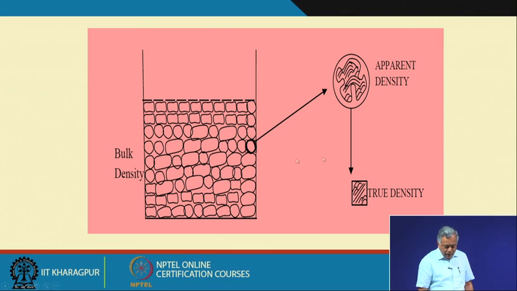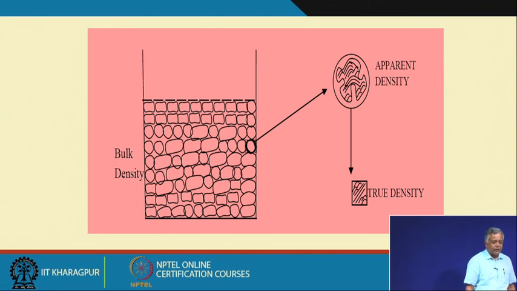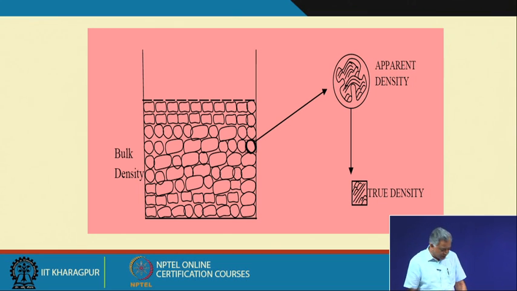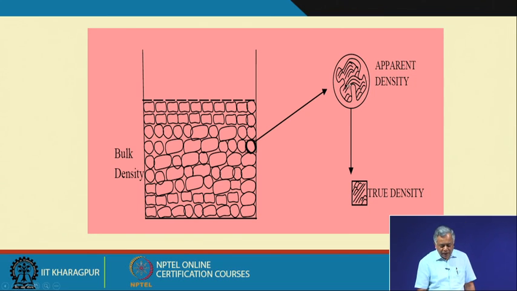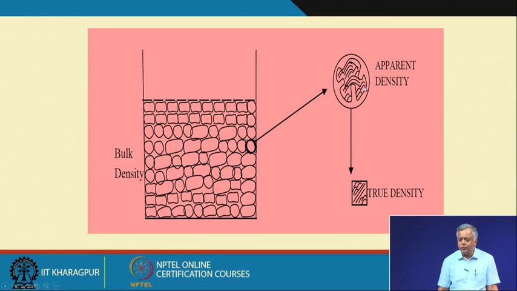And if I take out one single particle from here and measure the density of that particle based on the Archimedes principle, that is, on the basis of displacement of fluid, then the density I get is called the apparent density. Why do we say apparent density? Because we still do not know whether there are pores inside or not.